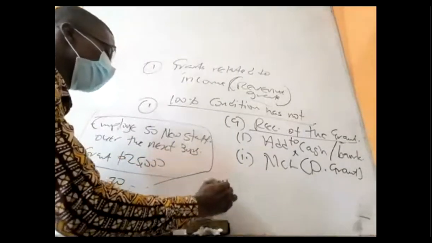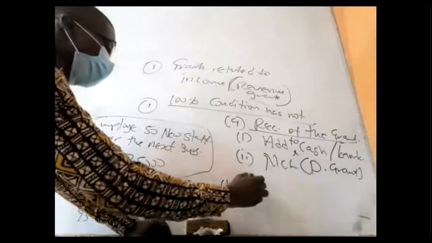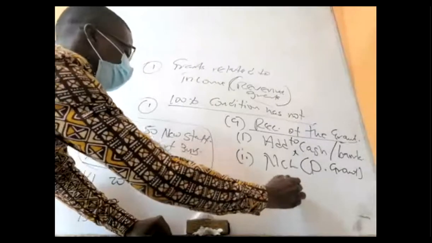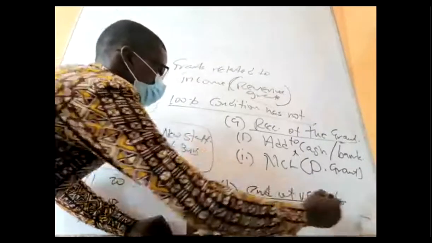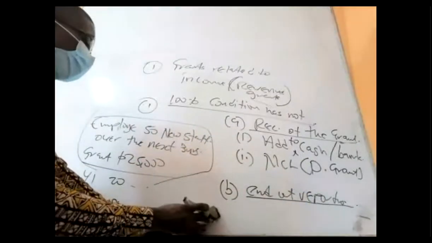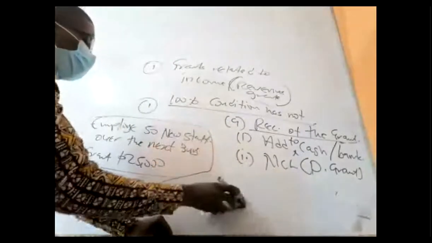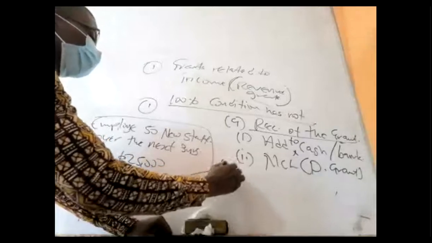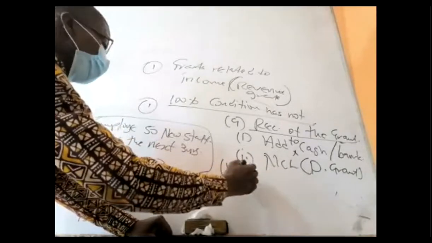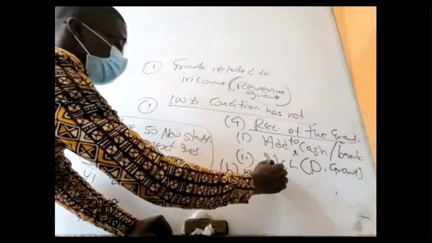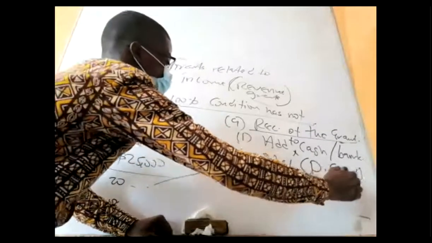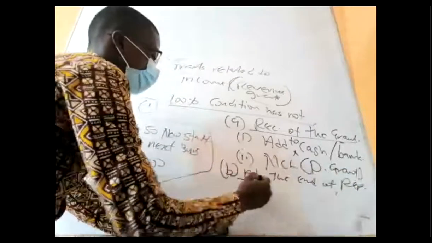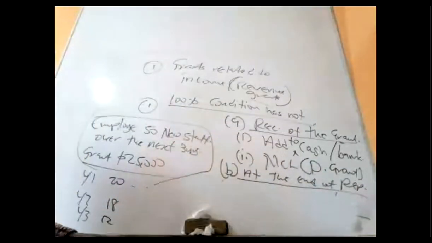B, let's go to the end of the reporting period. So at the end of each reporting period, what do you have to do? 2 things will happen.